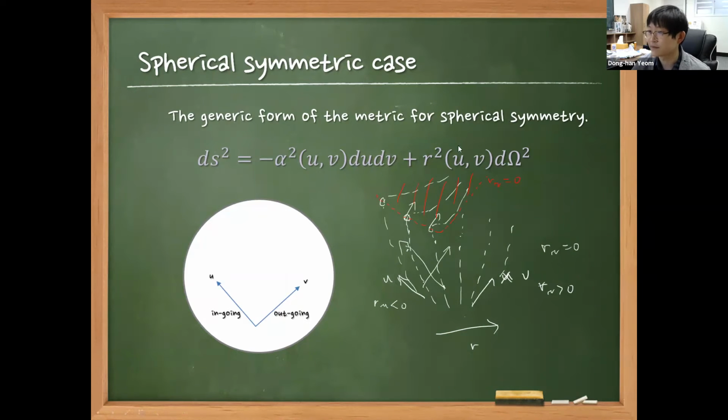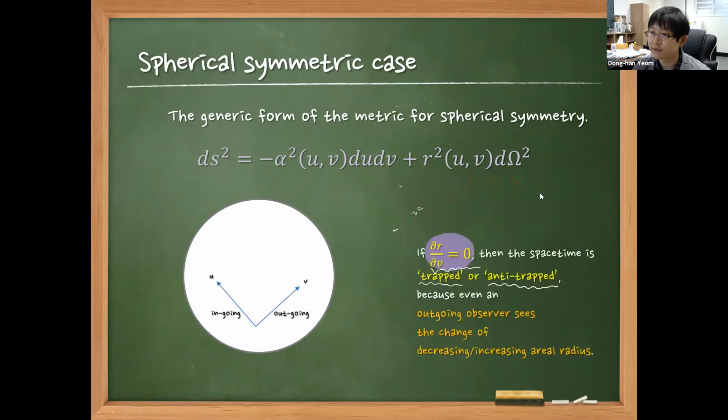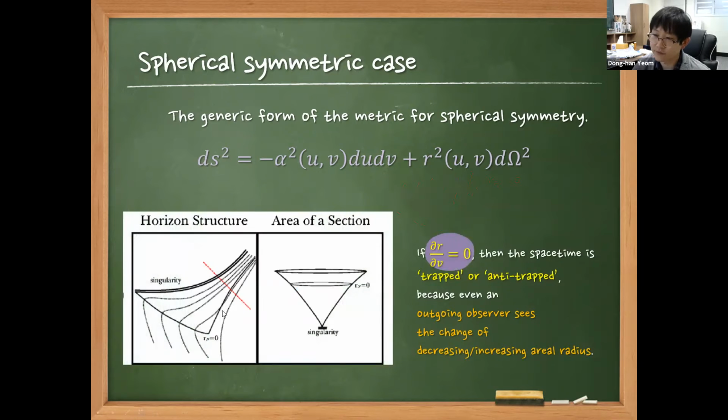So this is the way to draw the R contour lines. Numerically, this is a conceptual figure, but you can now understand it this way. These are the R contours, and R increases along this direction. And at this apparent horizon, R changes from time-like to space-like direction.